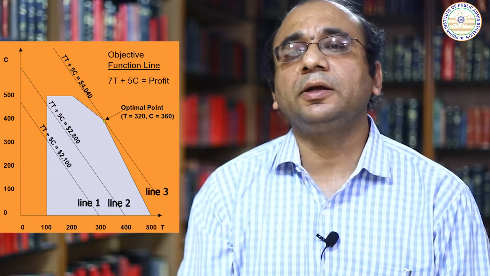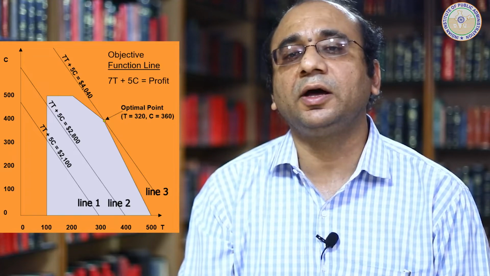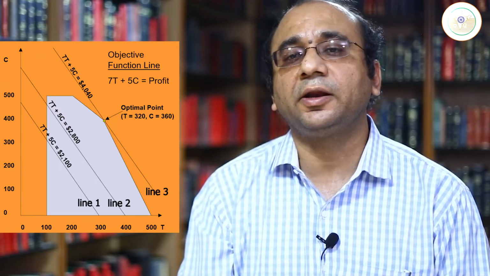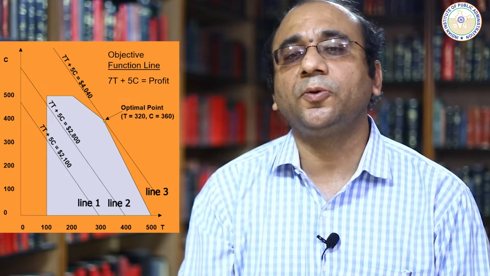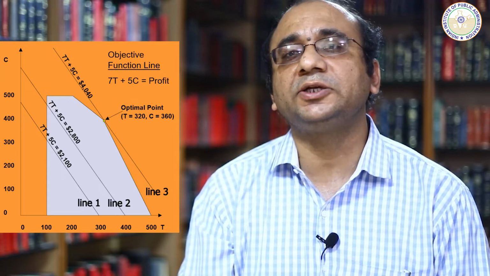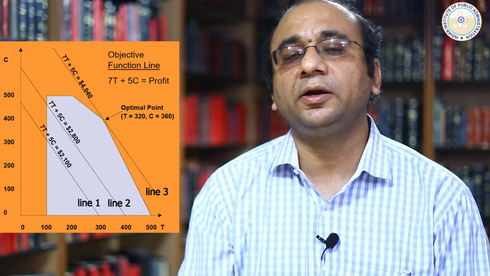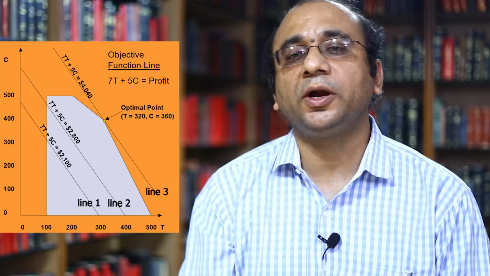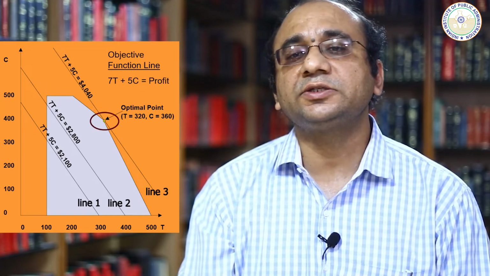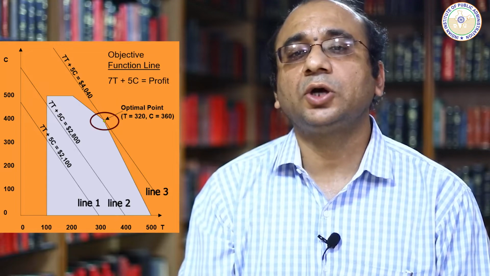Wherever a line is tangent to my gray shaded area, that particular point will be the solution. But remember, these lines should be linear, and the line touching the particular point will be the optimum solution point. Here in this graph, the line touching is at T equal to 320 and C equal to 360. That's the optimum point.